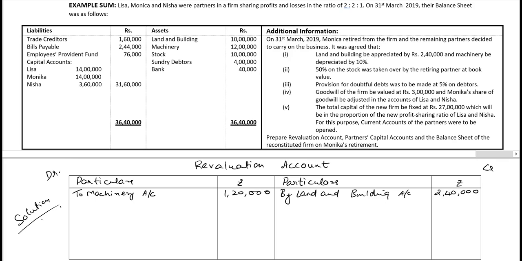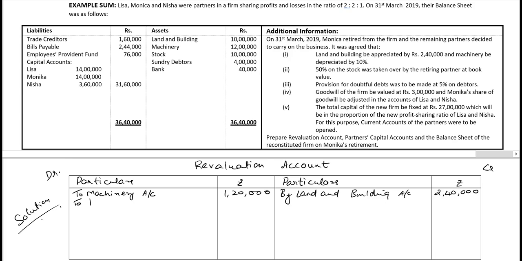Second point, 50% of the stock was to be taken over by the retiring partner at book value. There is no change in value. The retiring partner is taking it up at book value, so it will not affect the revaluation account. The third point, provision for doubtful debts was to be made at 5% on debtors.